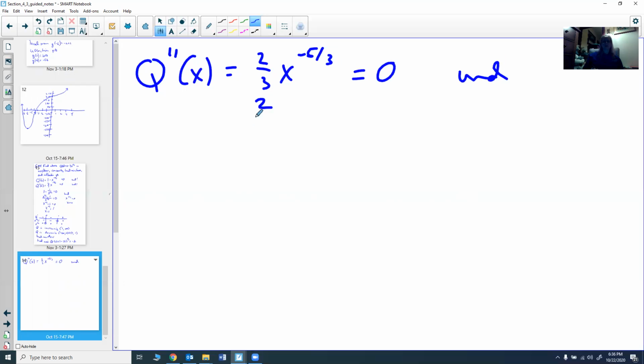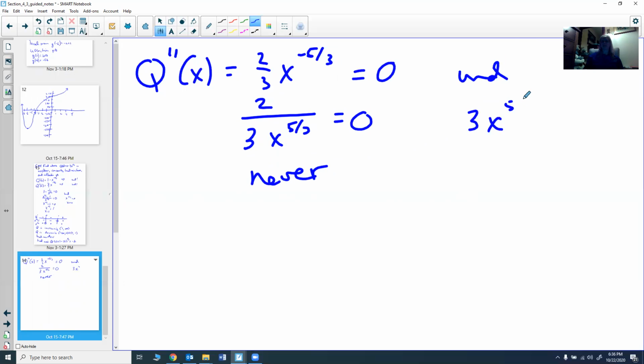So first off, I would rewrite this as 2/3x to the 5/3 in the denominator. Well, that actually will never equal 0 because you got a 2 on the top. 2 can never equal 0, so this is never. So it never is 0, but it is undefined. It's undefined wherever your denominator, 3x to the 5/3, equals 0. So at x equals 0, your second derivative is undefined.